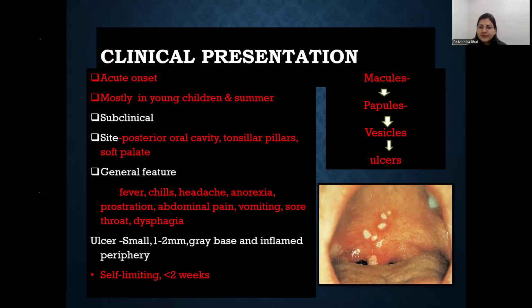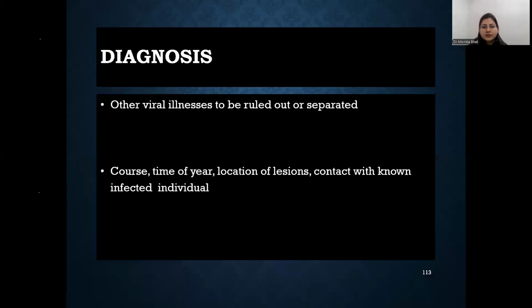The occurrence of the lesion is the same as in hand, foot, mouth disease: macules, papules, vesicles, and ulcer formation. It is self-limiting and heals in less than 2 weeks. For diagnosis, other viral illnesses need to be ruled out to separate from other categories of viral infections. The course is less than 2 weeks, and the time of year is mostly summers.